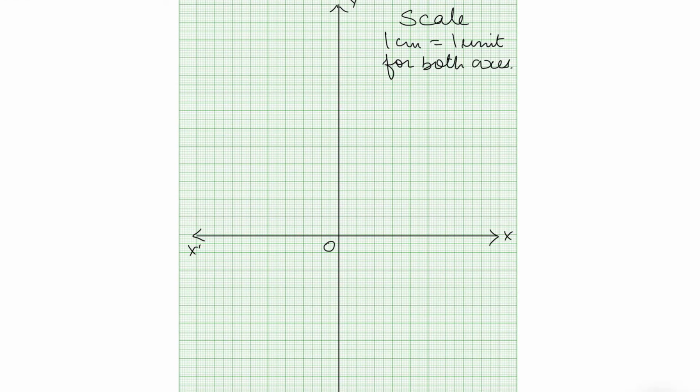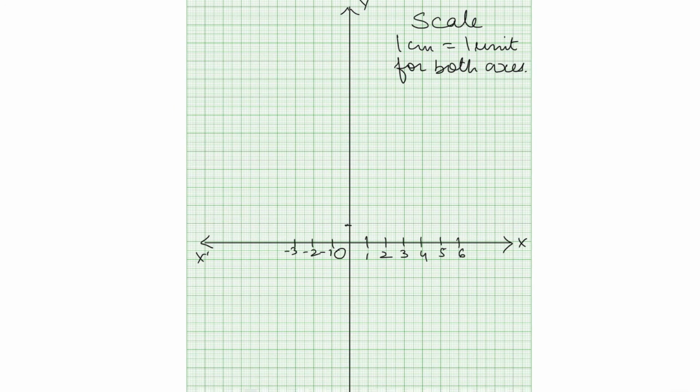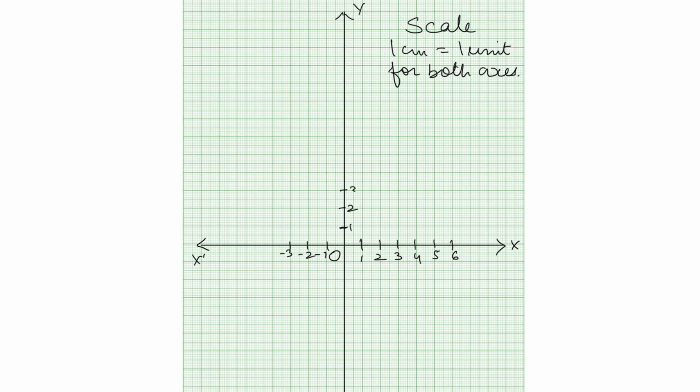Okay, so let's first mark the coordinate axes. So on the positive x-axis I have 1, 2, 3, 4, 5 and 6. This side I have minus 1, minus 2, minus 3, and on the positive y-axis I have 1, 2, 3, 4, 5 and 6. This side I have minus 1, minus 2, minus 3, minus 4, minus 5, minus 6.